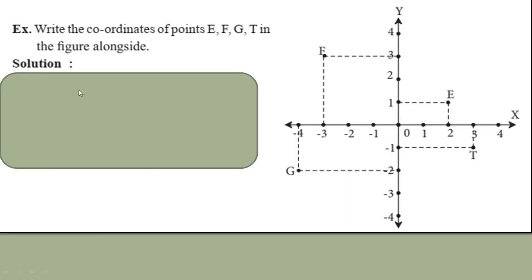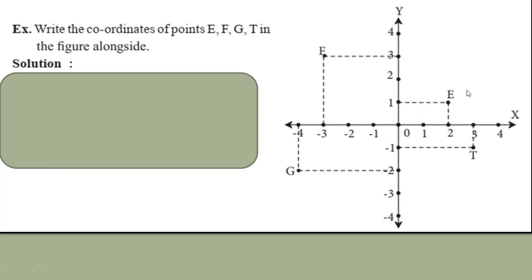Now, in the figure alongside, I have shown points E, F, G and T in the coordinate system. You need to find their coordinates. As far as point E is concerned, the x coordinate is 2 because this perpendicular line is at 2, and here 1.